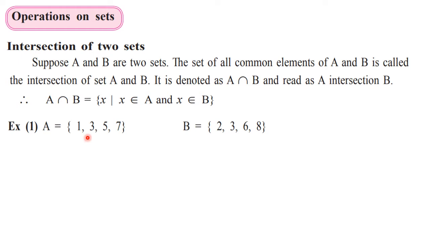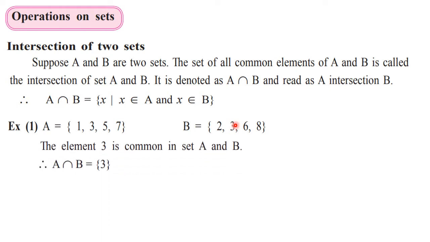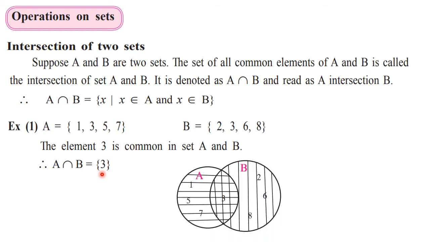So what we can see here is 3 is the only element common here. Therefore, we can write down the intersection of set A and B as a singleton set which contains only one element, that is 3.